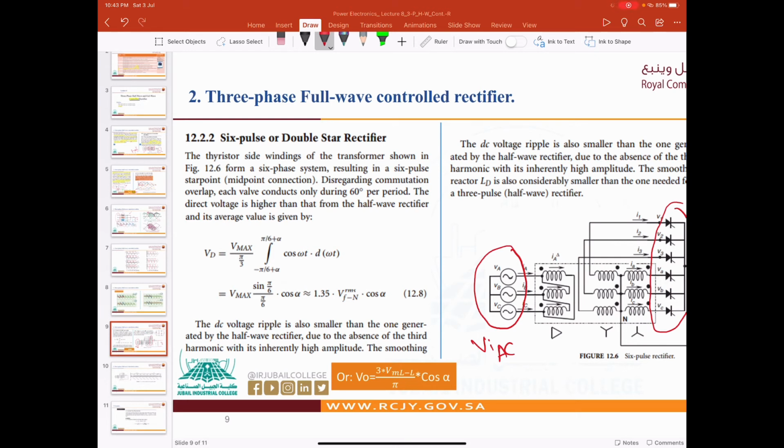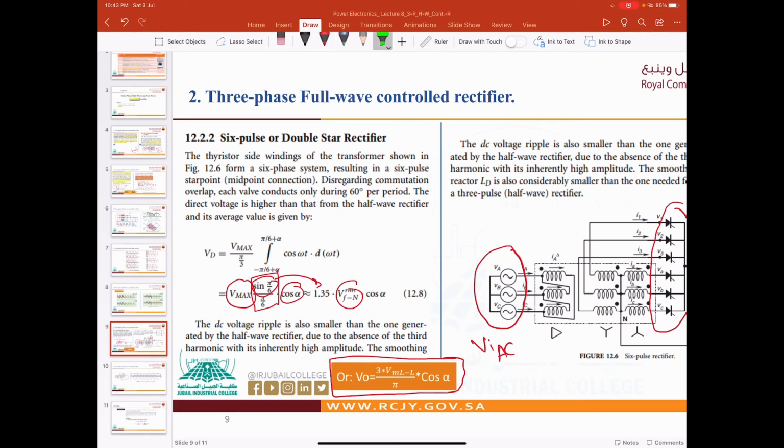Now this is the V maximum. Here we have sine pi over 6 divided by pi over 6 multiply cosine, so this is almost 1.35. This is line to neutral. Concentrate here, this is the same formula that we used.